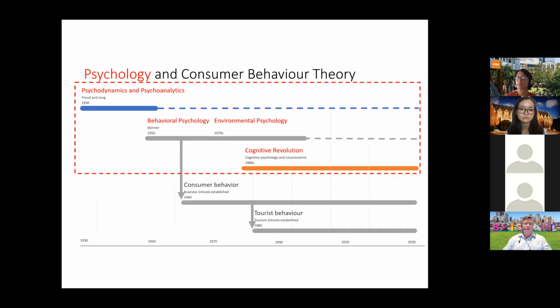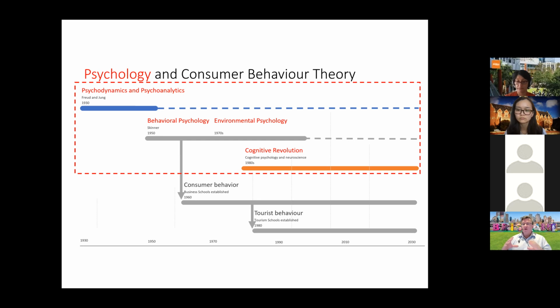What I think is that tourism imports theory from other areas and that it's particularly inefficient at doing this, like most applied areas. So here's an example of how psychological theory has been applied in tourism. I consider the people in psychology as the experts.